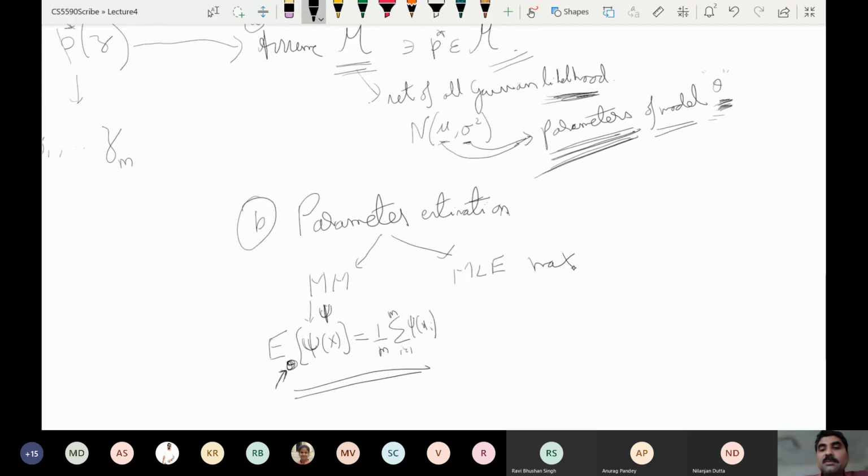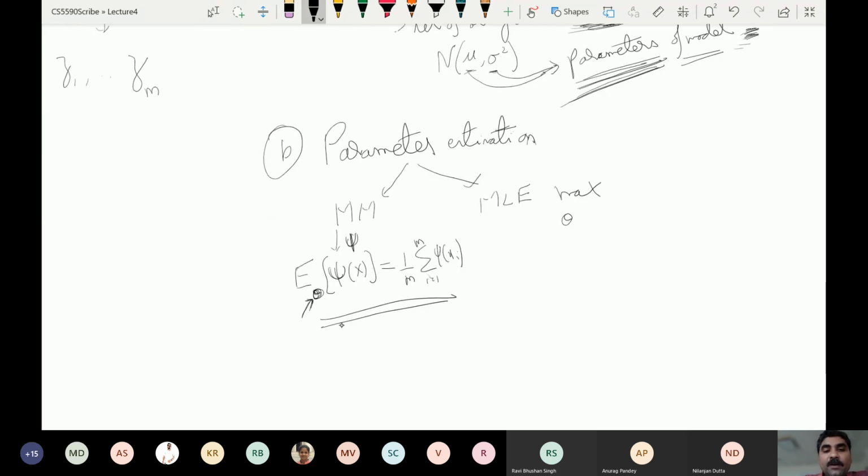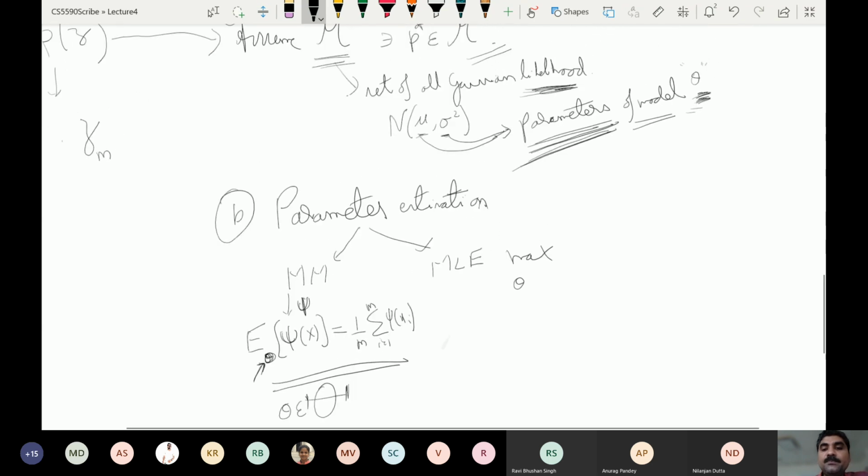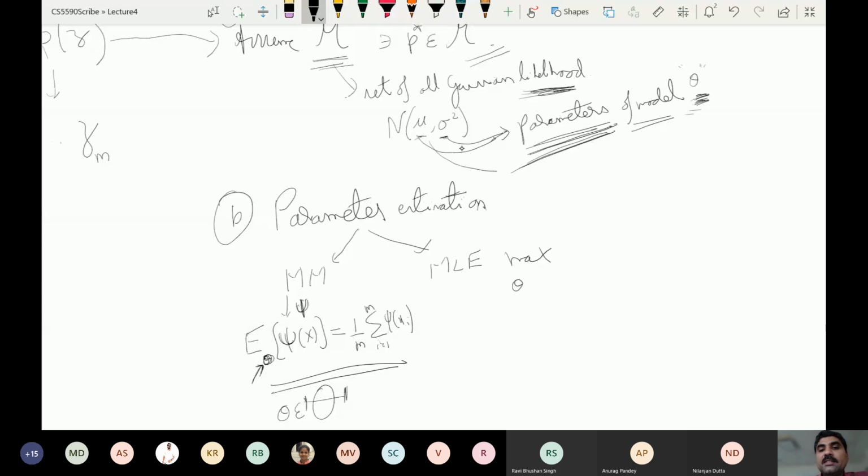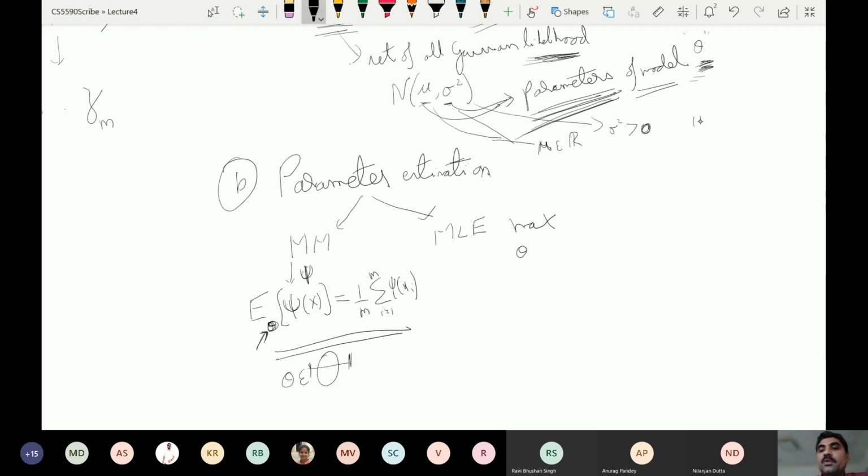Now in case of maximum likelihood, what will you do? Depending on the model, there will be a set of valid values which the parameters take. Let me call that capital Theta. For example, in this case, the mean can be any real number, but sigma square will always be strictly greater than 0, so R cross R plus is perhaps what we will call capital Theta.